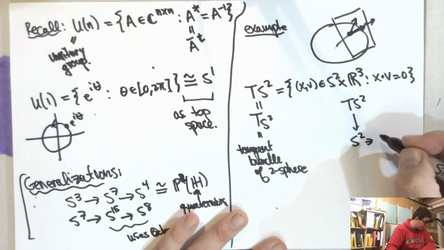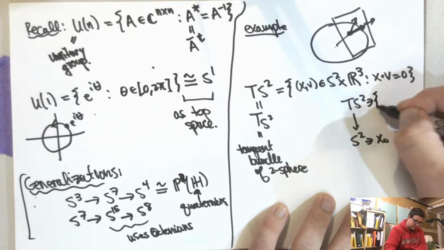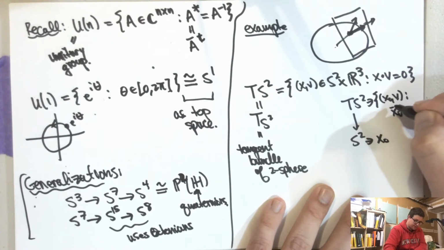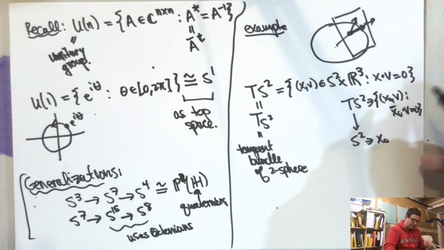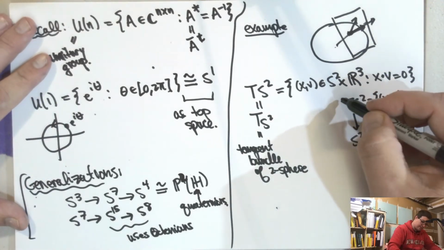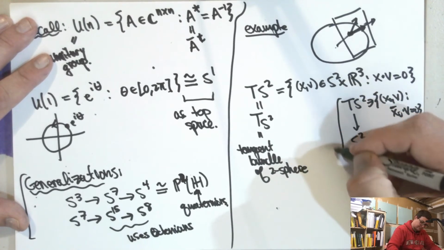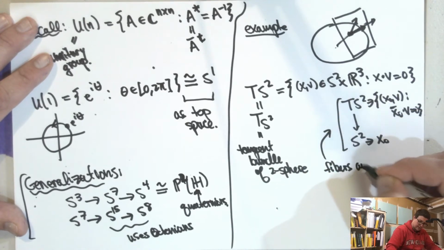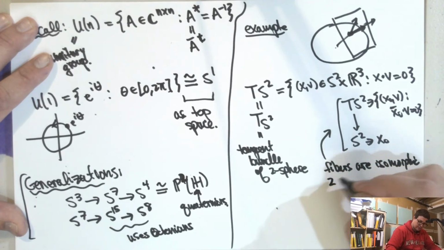And then we could take a point x naught here. And in here, there is a collection of vectors (x naught, v), where these are the vectors that are just orthogonal to x naught. Okay? And so there's a whole plane's worth of them. So the fibers are isomorphic to R2.